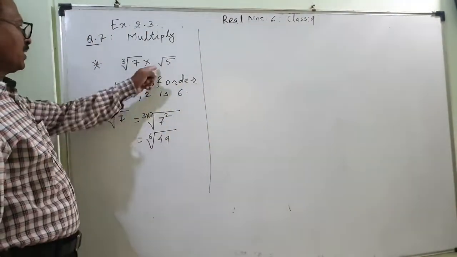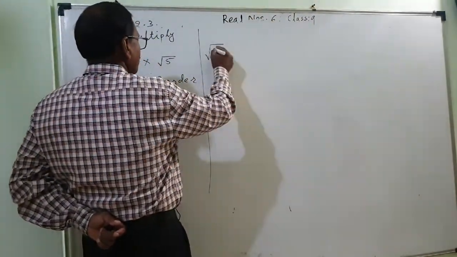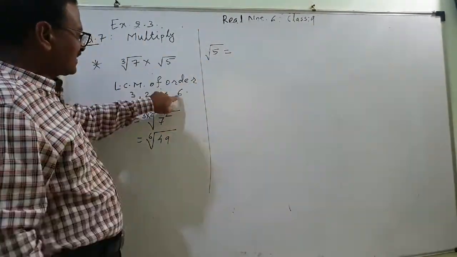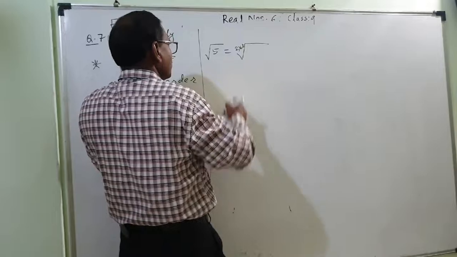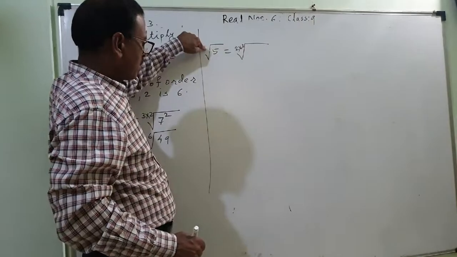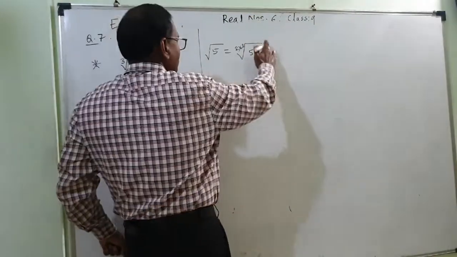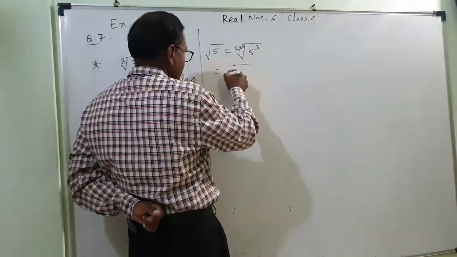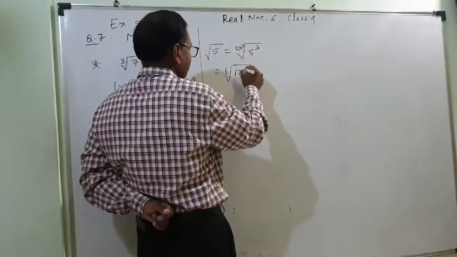Now take this root 5. Root 5 is equal to, here it is 2 and I want it 6. So I will multiply by 2 into 3. Then it will become 6. Here 2 is already there. This 3 I have taken of my own. So I will write 5 to the 3 inside. So that is equal to 6th root of 5 into 5 into 5, is 125.